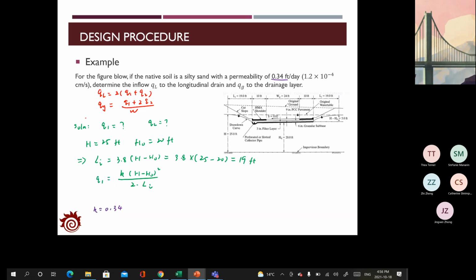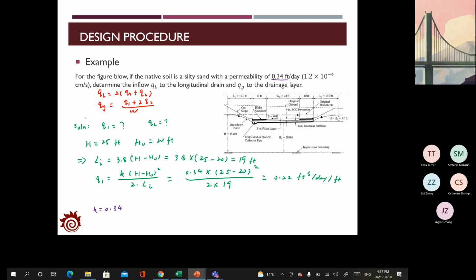With that, we will have the value of Q1 as 0.34 times (25 minus 20) squared divided by 2 times 19. So we have the inflow about the drainage layer as 0.22 cubic feet per day per feet. So that's the first one, Q1.